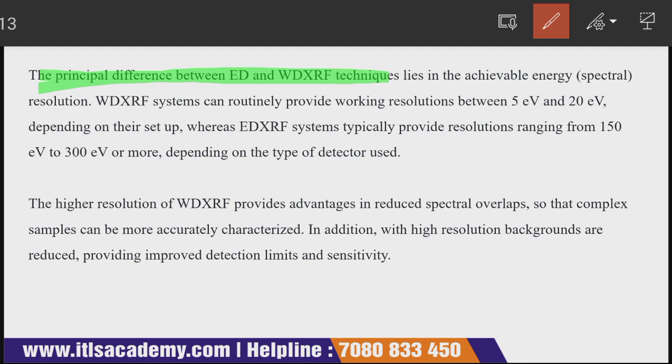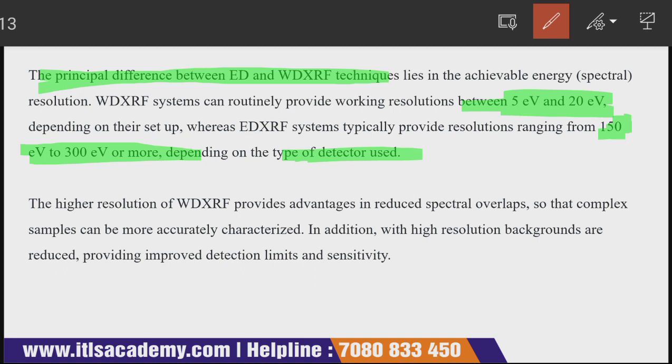The wavelength dispersion X-ray fluorescence spectroscopy system can routinely provide a working resolution between 5 electron volts to 20 electron volts depending upon the setup. Whereas the energy one provides a resolution that ranges from 150 to 300 eV or more depending upon the type of detector used. So this is the first principal difference between the two techniques.